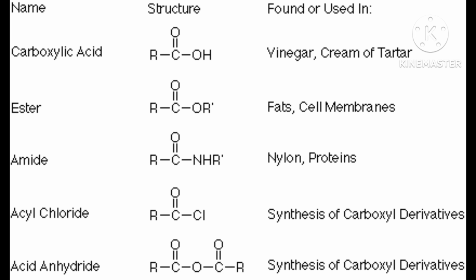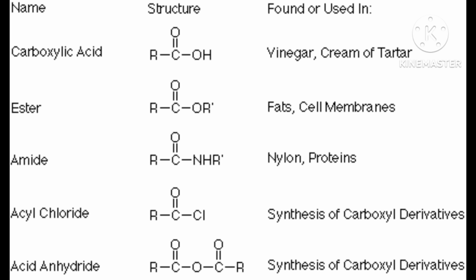Now see this example for alpha, beta, gamma, delta. Suppose there are three carbons, CH3, CHBr, CH2, and with CH2 the CHO group is attached, that is, an aldehyde group attached to propane.